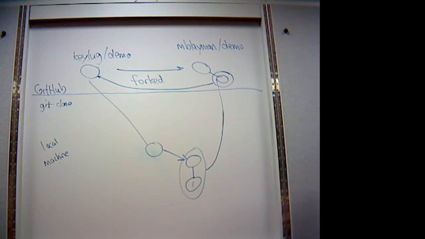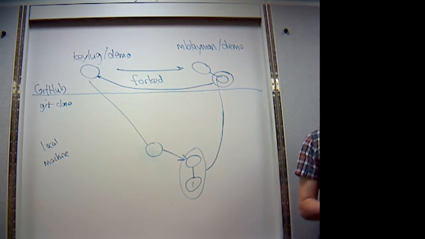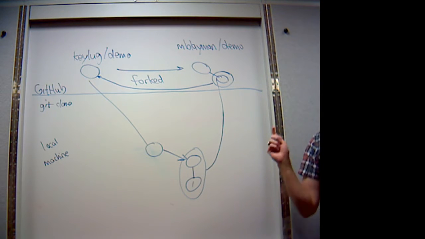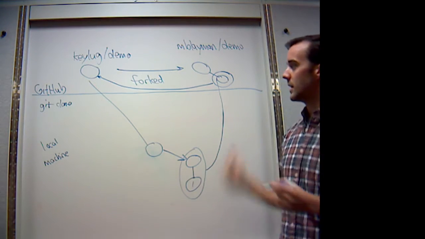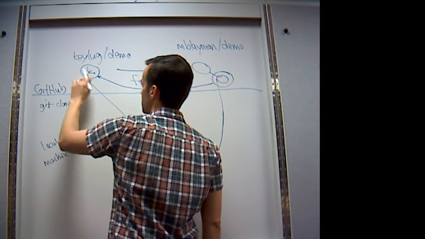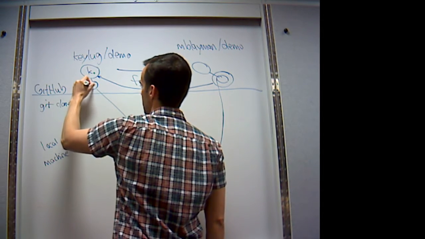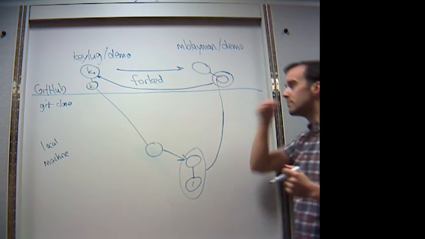You want to take your branch and merge it to their master. Yes, take my branch, merge it to their master. Exactly. So if they finally accept it, we'll call this KeyLUG 0. That's their first state. And this is KeyLUG prime.